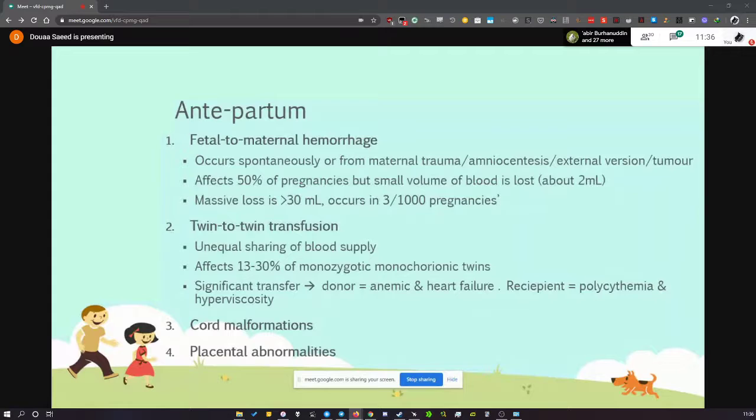The hemorrhage will occur between the mother and the fetal circulation. It's not like the mom is bleeding and then the fetus will have anemia. It is in the junction above the placenta, the space where the maternal blood comes and the fetal blood is there. That's why they call it feto-maternal. Okay, thank you.